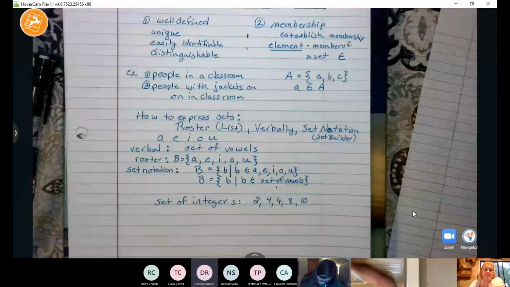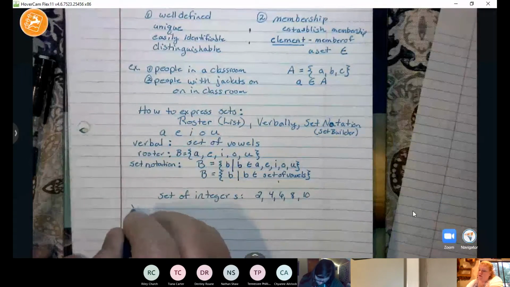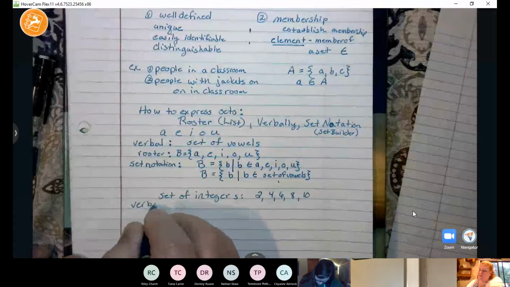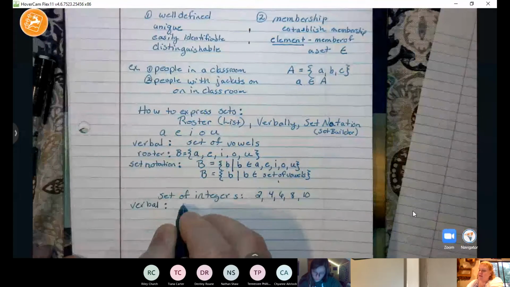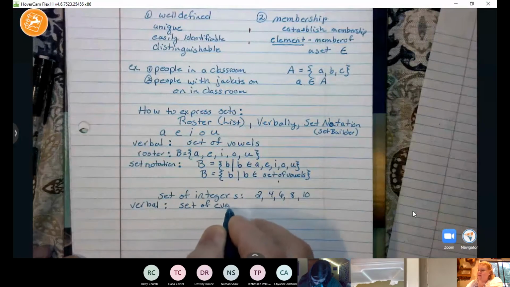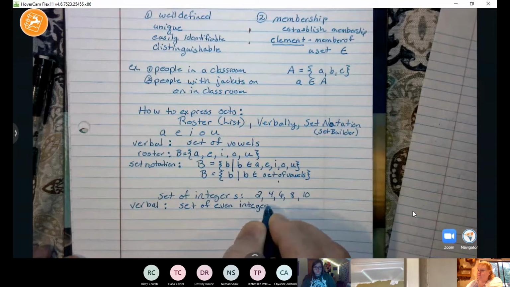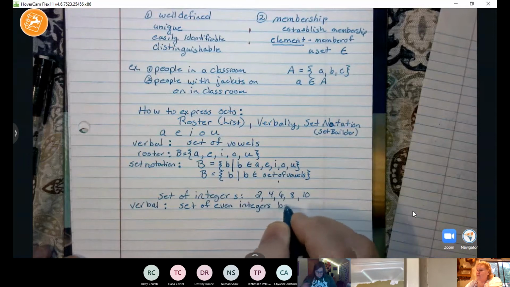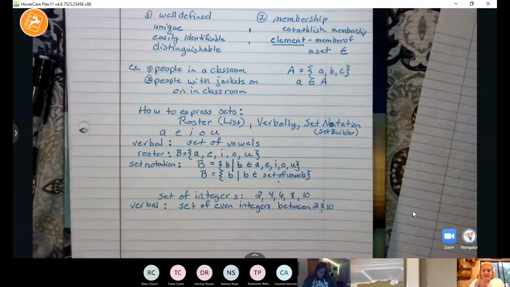10, right? So if we were going to use the verbal method, we could say the set of even integers between 2 and 10. That's one way. There are other ways to describe it.